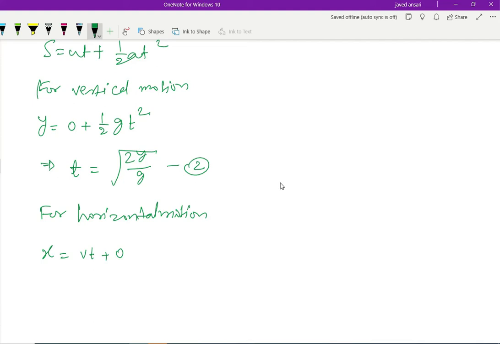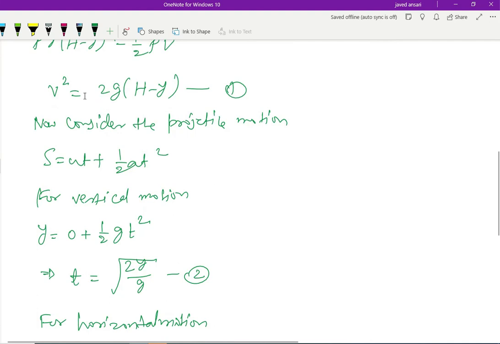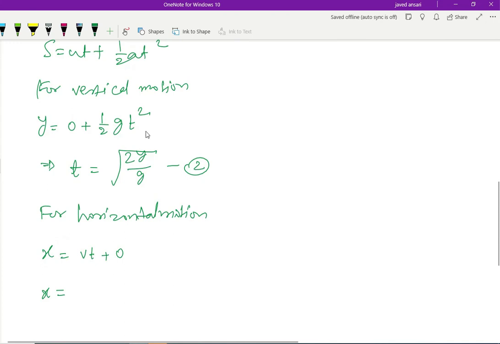Now let's put the values of v and t here. x equal to the v we already found, under root 2g (h minus y), and t we got as under root 2y by g. So this g and this g will cut, because both are under the root.